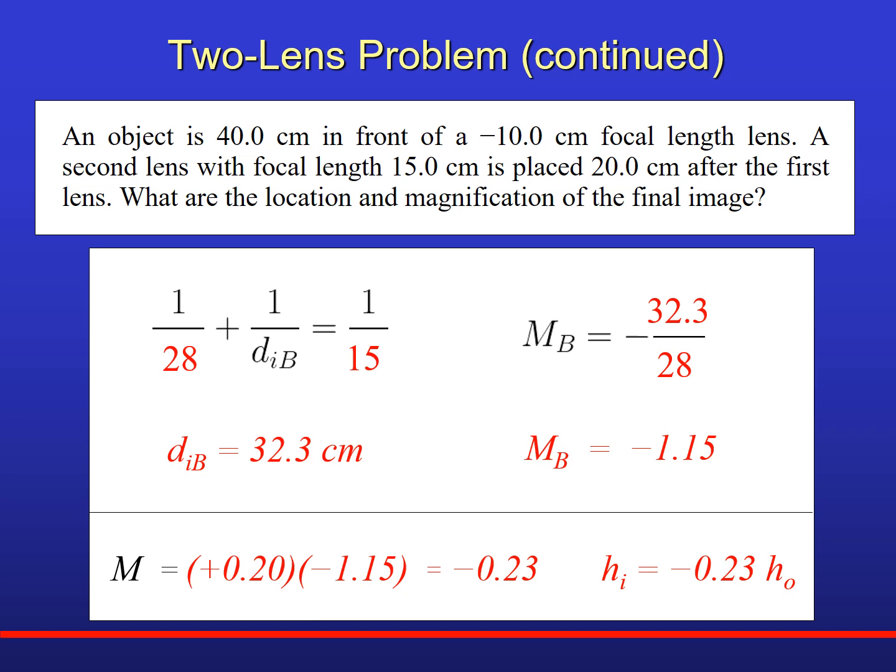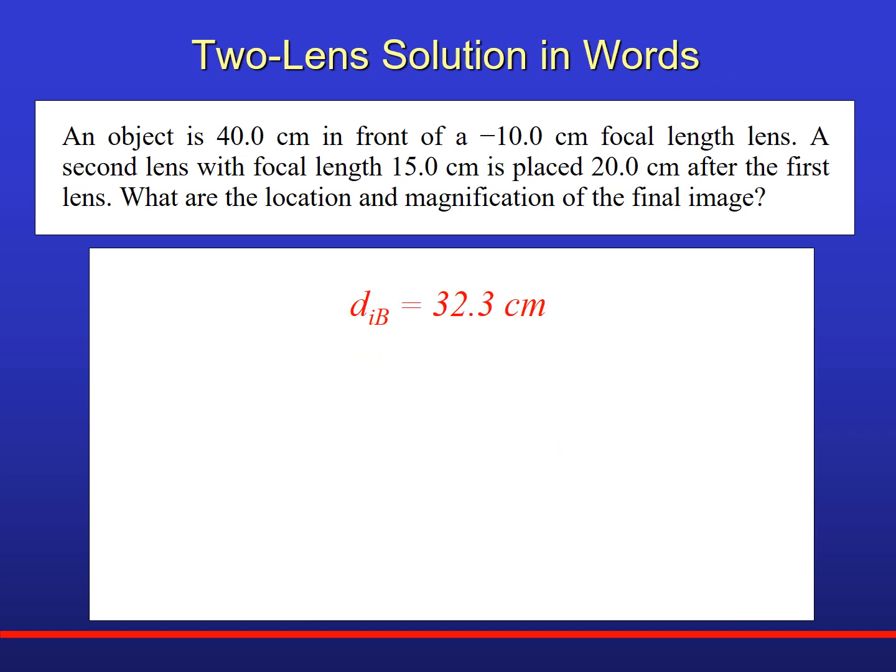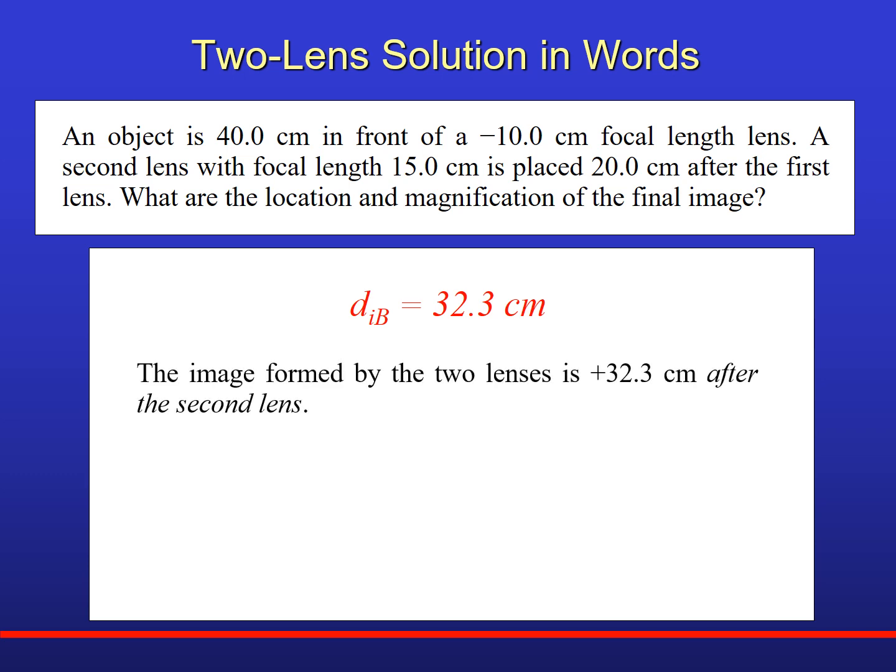To summarize, I'm going to try to put some of this into words here. That's the same statement of the problem. We found D sub IB is 32.3 centimeters. What is that? The image formed by the two lenses is a positive 32.3 centimeters after the second lens.